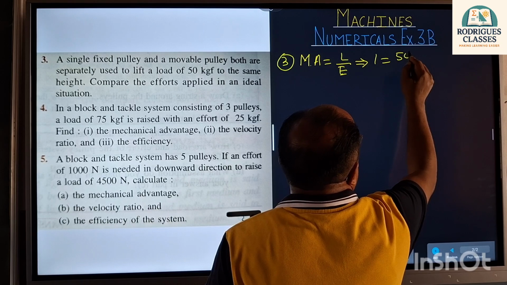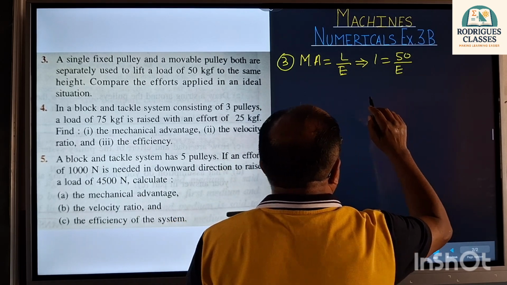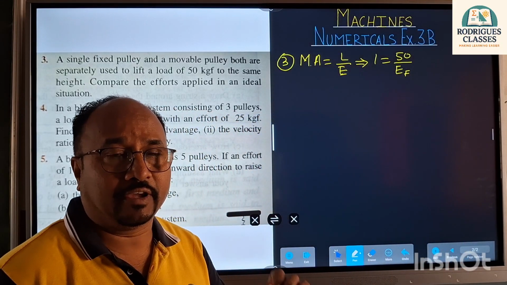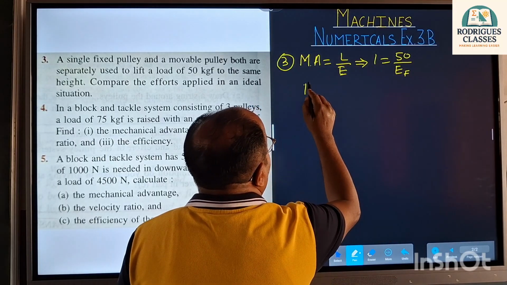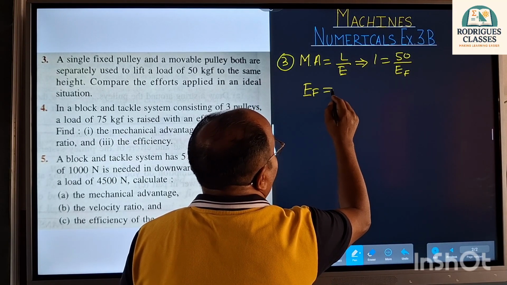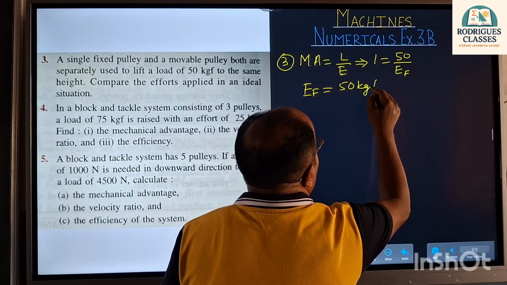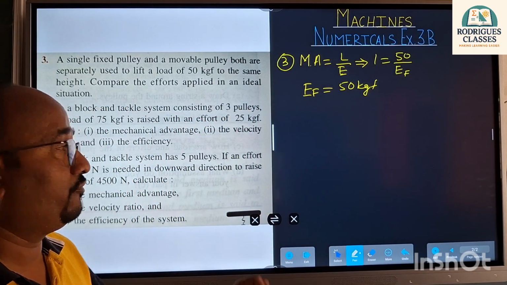Load is here 50 kgf and the effort of fixed pulley, I am writing it as EF for fixed. So I will cross multiply, I will get the effort applied with a fixed pulley is 50 kgf.